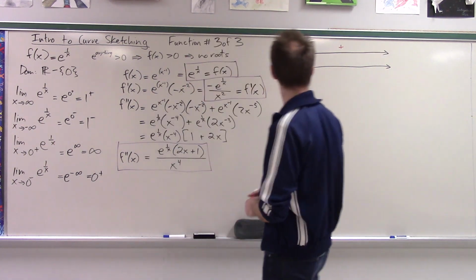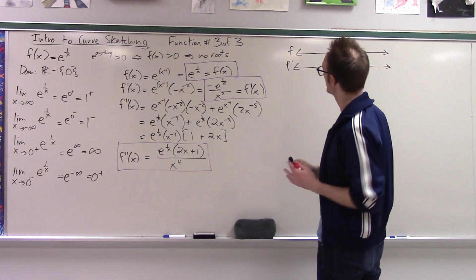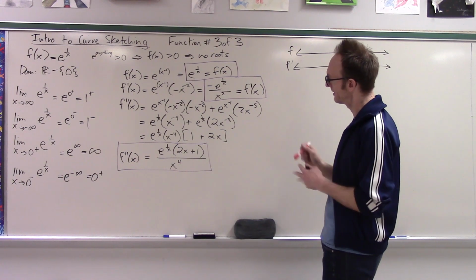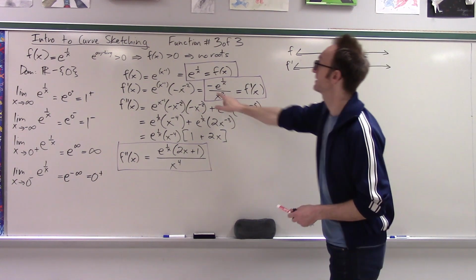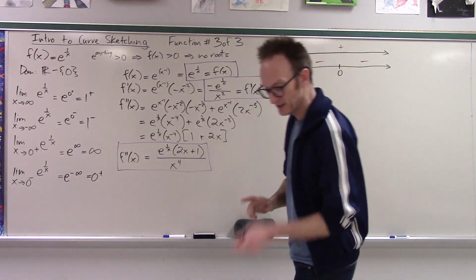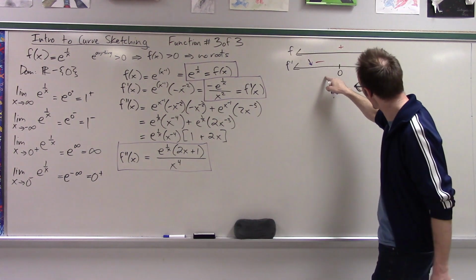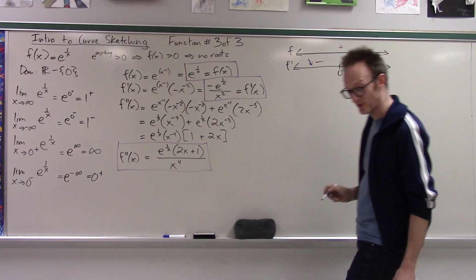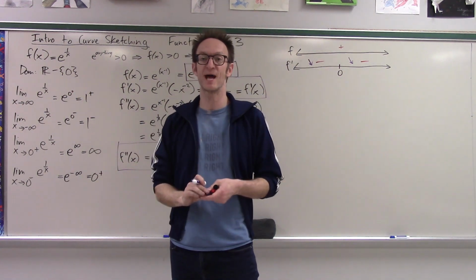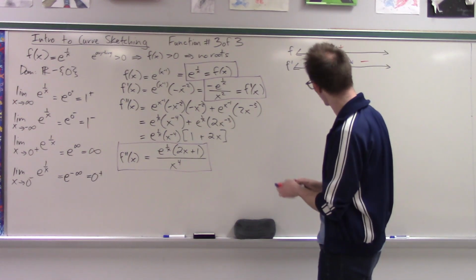Therefore, it's probably a good idea to include 0 on our number line. And even though my function is decreasing because the derivative is negative, it's decreasing when x is negative, and it's also decreasing when x is positive, but that doesn't mean it's a decreasing function on the entire interval of real numbers. We will see as the graph starts to emerge what I am talking about.